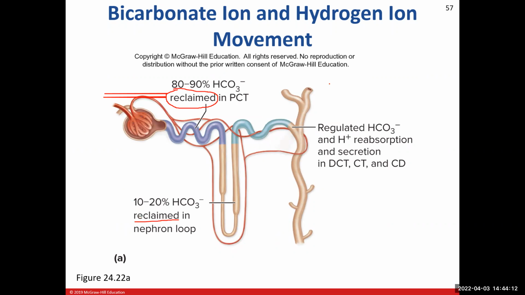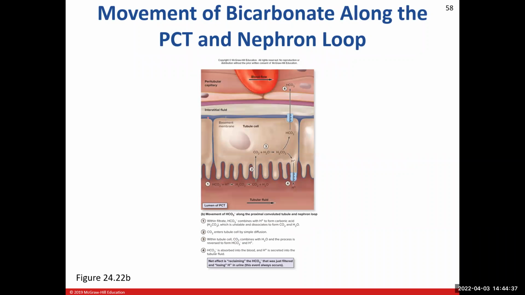And then of course, depending on what's going on in the body, what the pH of the blood is, that will determine what we're going to be doing in our distal convoluted tubule and collecting duct, whether we're going to be resorbing or secreting our hydrogen ions, or resorbing or secreting the bicarbonate.